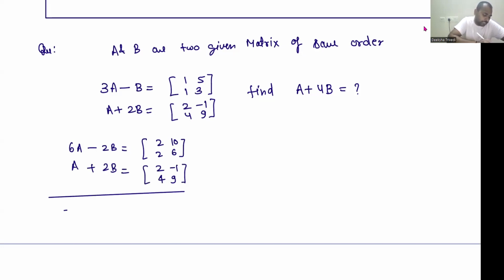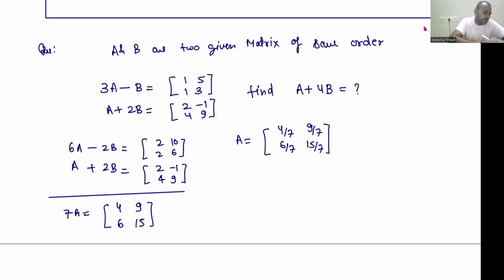If we add these two, then 7A is nothing but, as we know from the last class, if we add two matrices, the corresponding elements are added. So that is 4, 9, 6 and 15. Now we can divide by 7. So the matrix A is 4 by 7, 9 by 7, 6 by 7 and 15 by 7. Check.